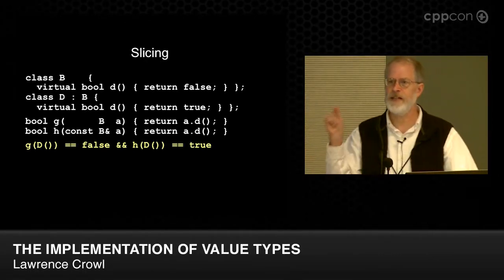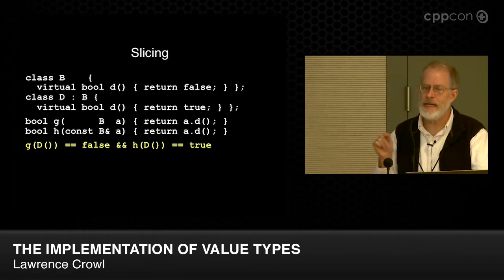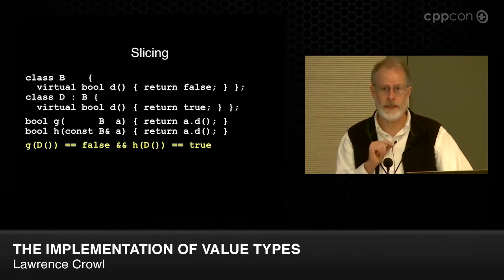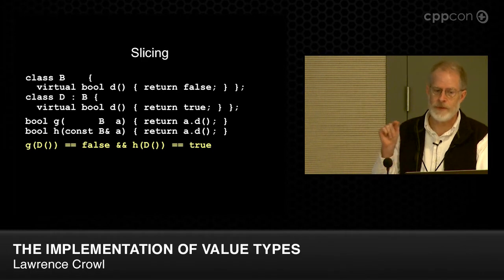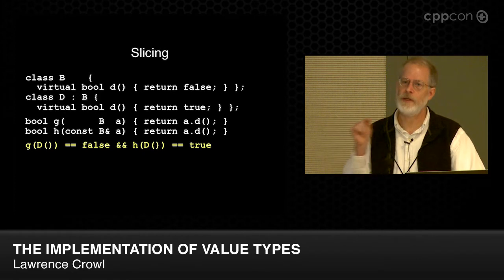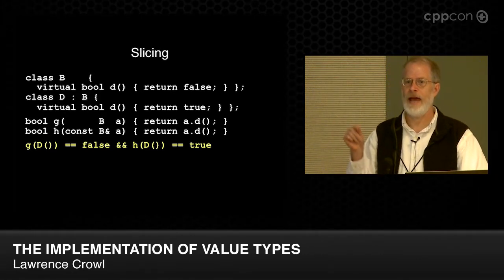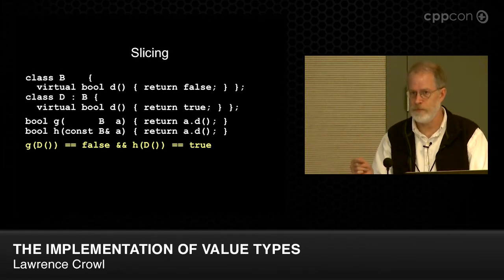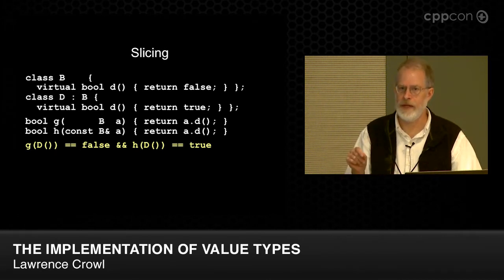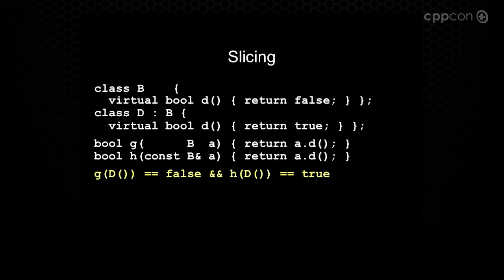This slicing, this difference in behavior when you have virtual functions or not, may or may not be what you want. It probably isn't what you want logically, but you have the opportunity to do some adaptive computation if you do the const ref through virtual functions. Okay, so you can have different implementations with different responses there. You might get better results, but we're doing value types.